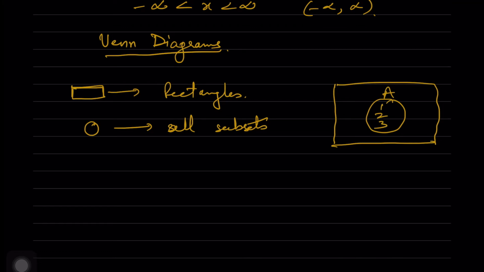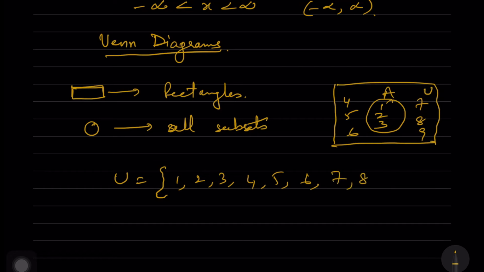Here I can say that this is 1, 2, 3, and you have 4, 5, 6, 7, 8, 9. So this is the universe. Our universal set consists of all the elements in that rectangle, including whatever is in the circle. The universal set means 1, 2, 3, 4, 5, 6, 7, 8, 9.